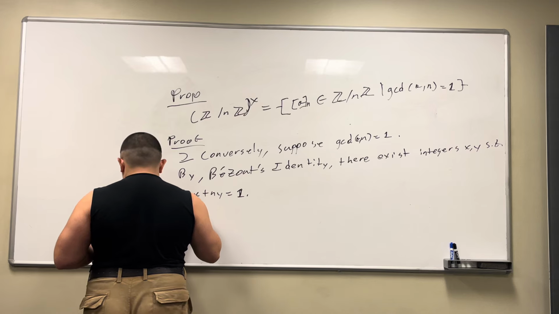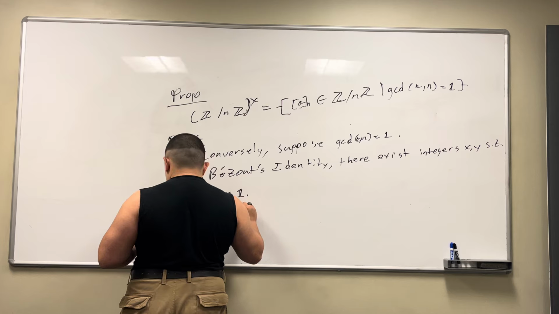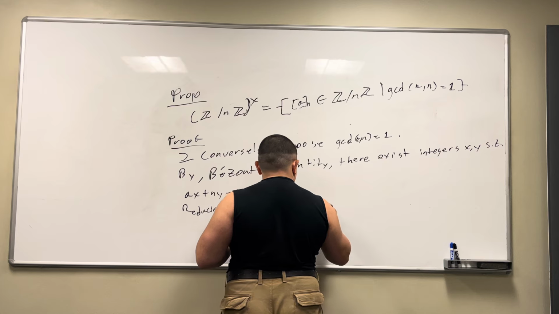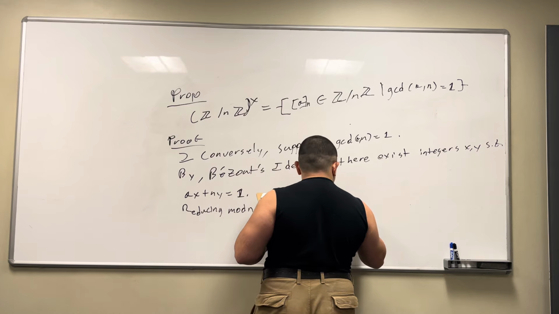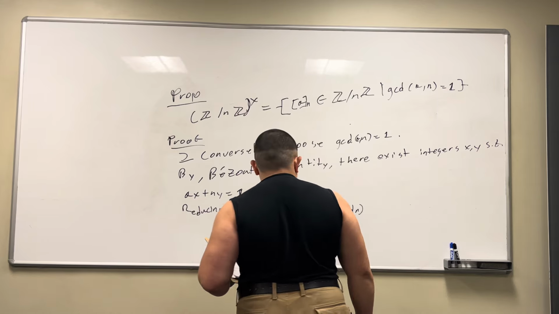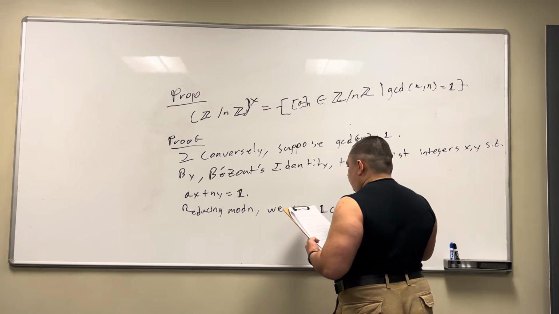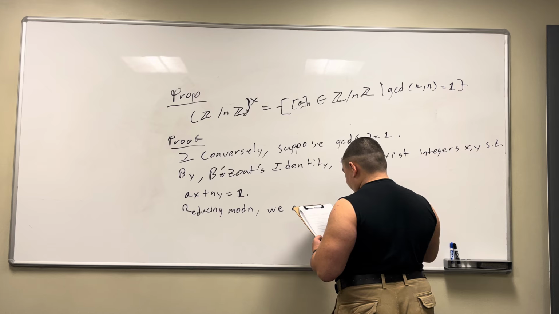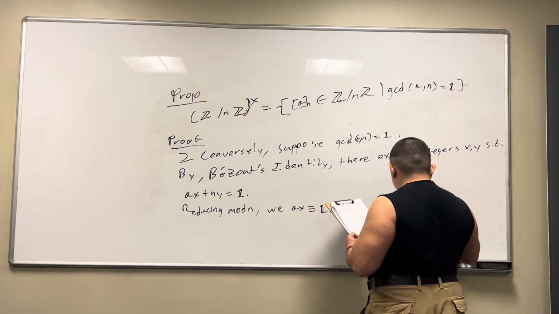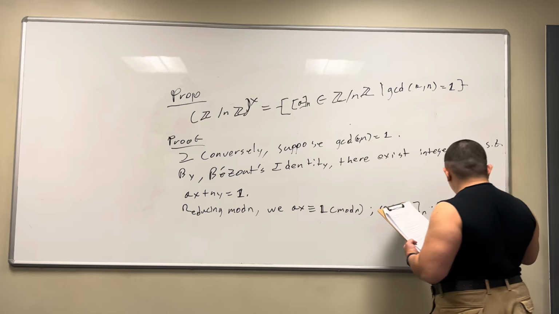Now, reducing mod n, we have ax corresponds to 1 mod n. You can see that if you rearrange that. So a mod n times x mod n is equal to 1 mod n.